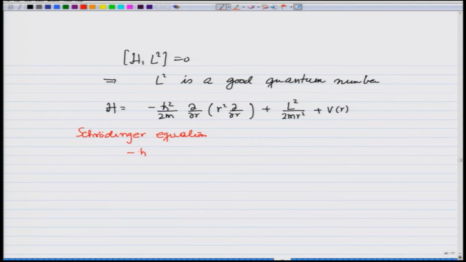is minus h cross square over 2m (1/r square) d by dr r square d by dr times psi plus L square operating on psi over 2m r square plus V(r) psi equals E psi.